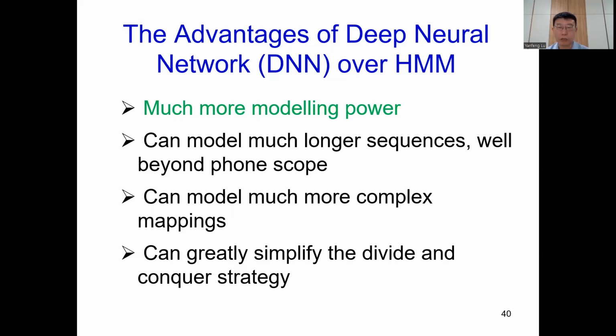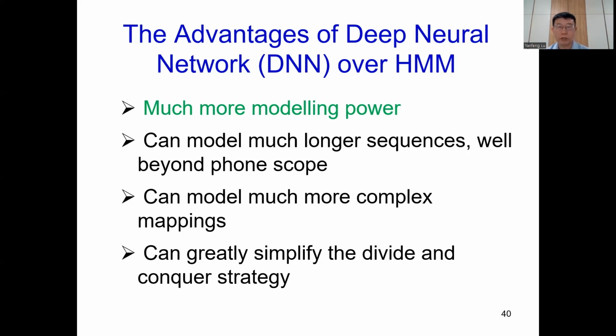As we said before, due to the weak modeling power of a hidden Markov model, we can only model a phone level sequence. And even for that, we have to do further divide and conquer. We use the decision tree first and then do the real hidden Markov modeling for those clusters.